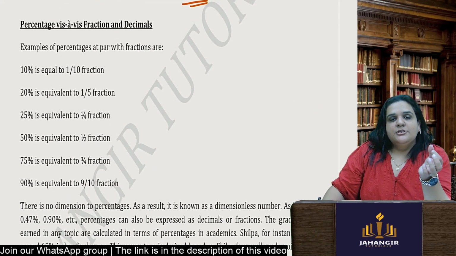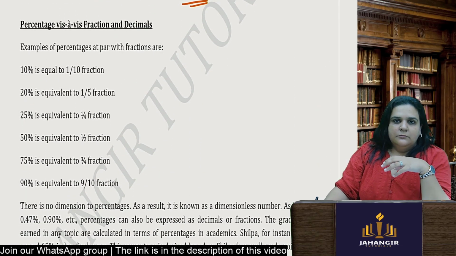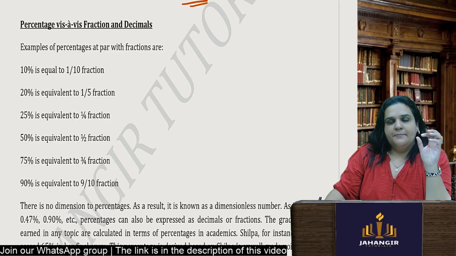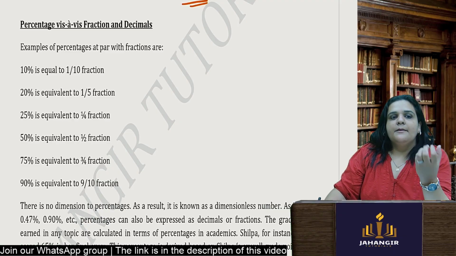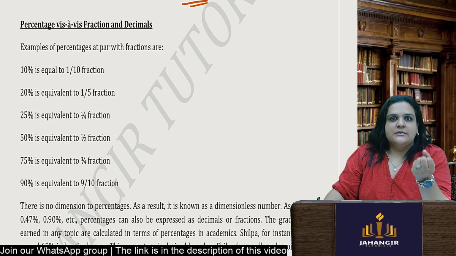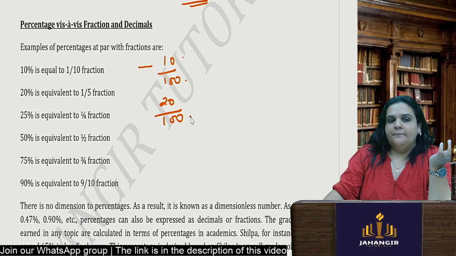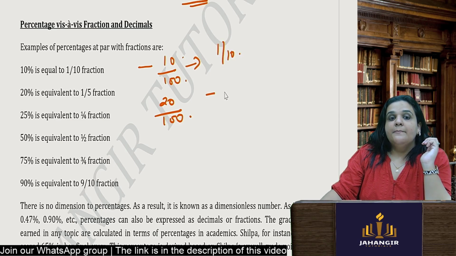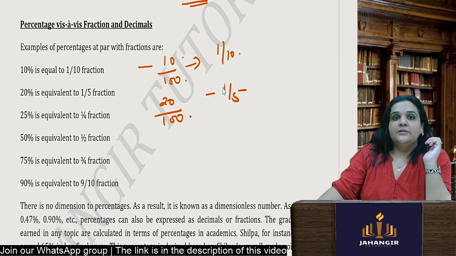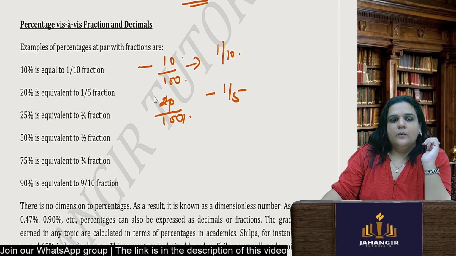Now percentage, we know the percentage sign, but they can be converted into fractions and decimals. If I'm talking about 10%, every time I was writing 10 upon 100, 20% will be 20 upon 100. If I want to convert this into a fraction, it will be 1/10. This will be 1/5, in the simplest form: 2 1s are 2, 5s are 10.